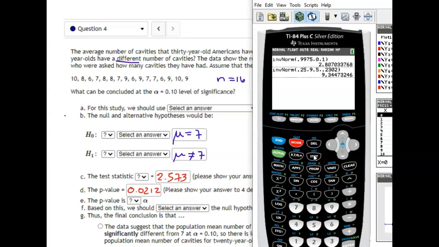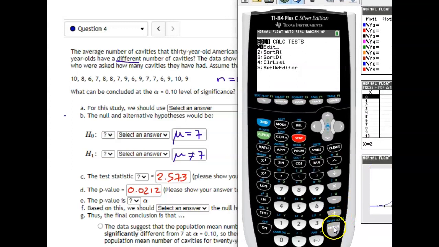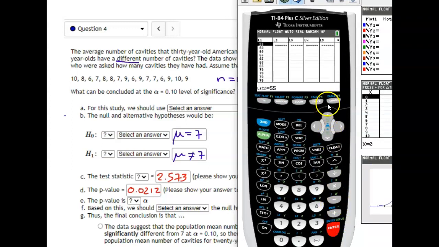You have to input the data first. So we're going to go to Stat and Edit. And we need to put the numbers in list 1. If it's full already, you arrow up and do clear and enter, which clears the list.